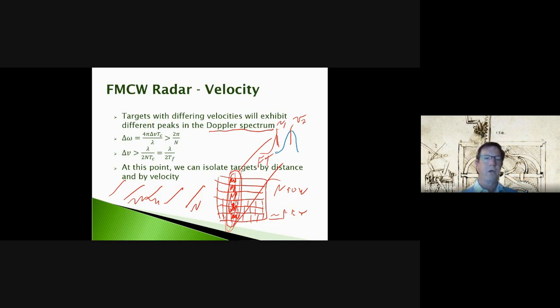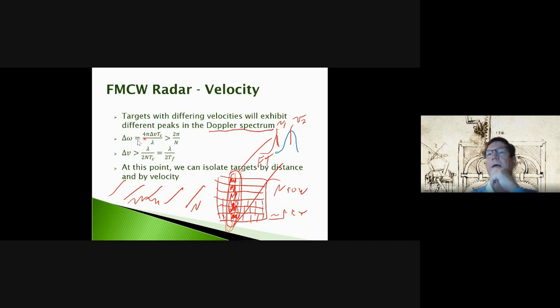So now we have an ability to look at this delta omega, and relate that to the change in velocity that we want to be able to recognize, given a chirp time length, right?